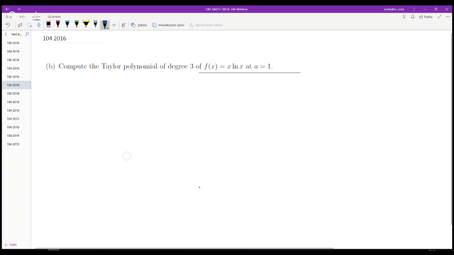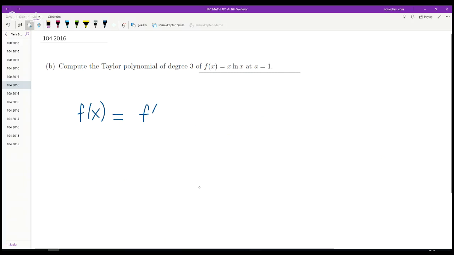Okay, so compute the Taylor polynomial of degree 3 of f(x) equals x ln x at a equals 1. So what's the formula for Taylor polynomials?